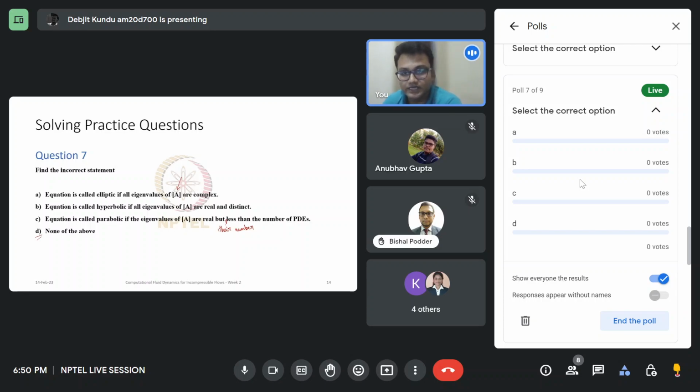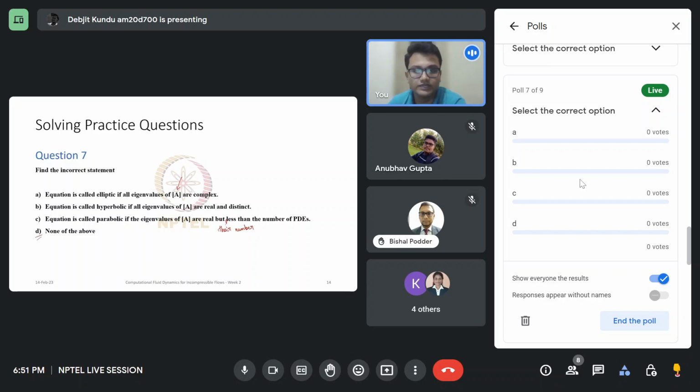I'll read out the statements once again. There are 4 statements. Statement A says the equation is called elliptic if all eigenvalues of matrix A are complex. Option B says the equation is called hyperbolic if all eigenvalues of A are real and distinct. Option C says the equation is called parabolic if the eigenvalues of A are real but their number is less than the number of PDEs.